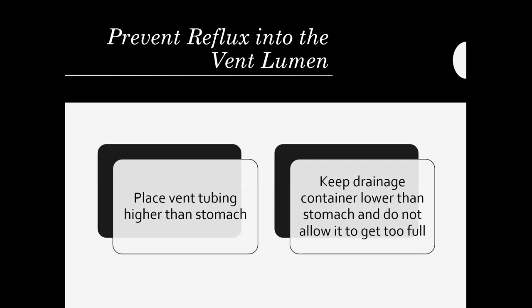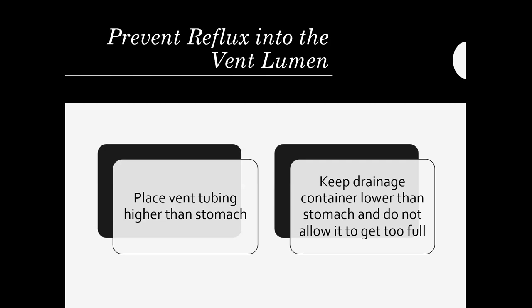Okay, so preventing reflux in the vent lumen. So this is the little blue part of the Salem sump. So we want to prevent reflux of gastric contents into that in order for it to work appropriately. So if we keep the tubing higher than the stomach, that's going to help with that. So if we use a little safety pin and a rubber band, we can kind of use that to secure however you want to do it.